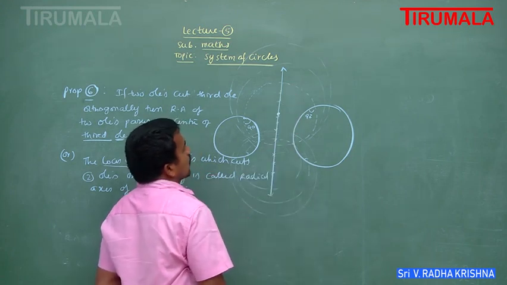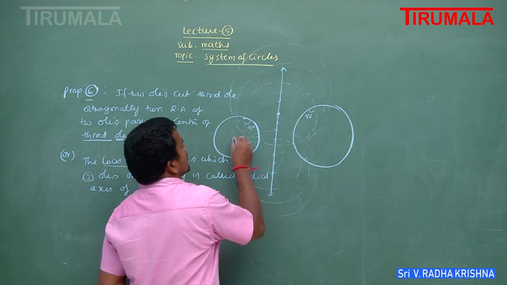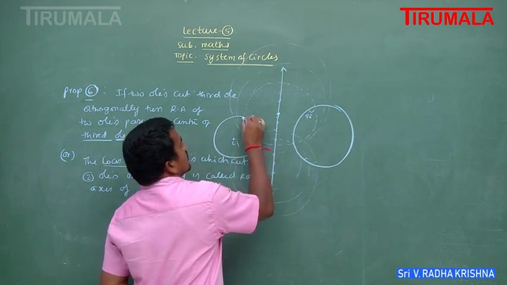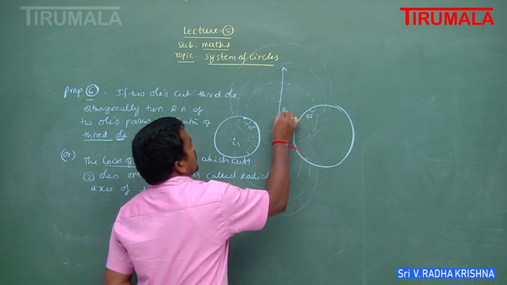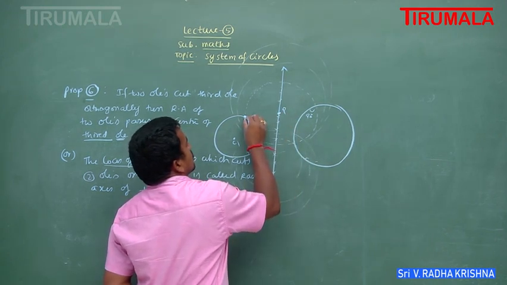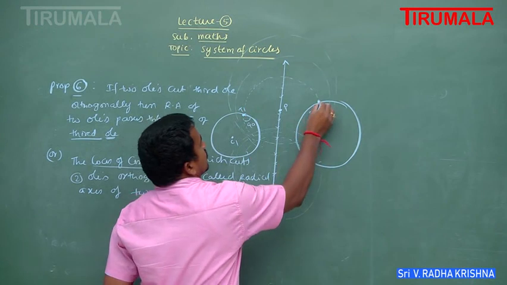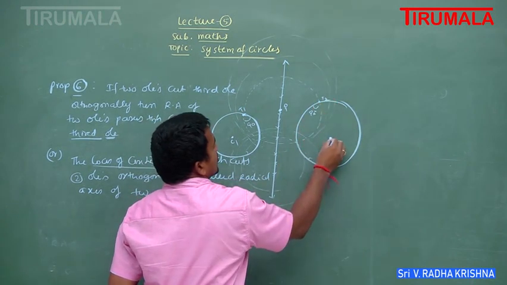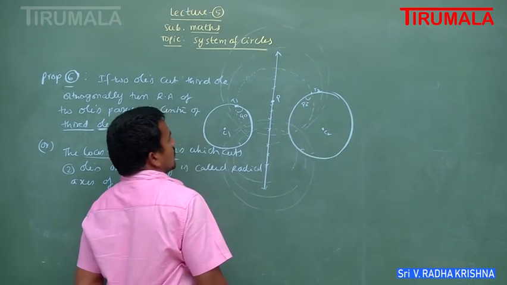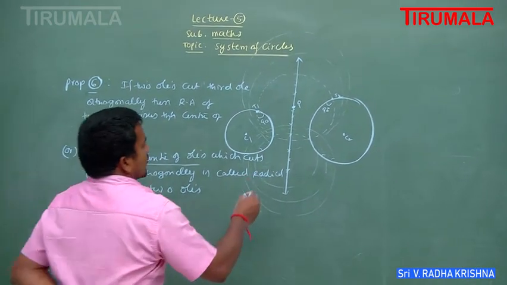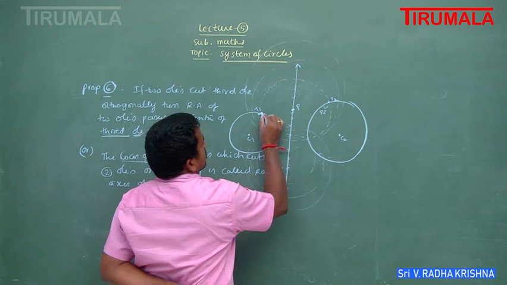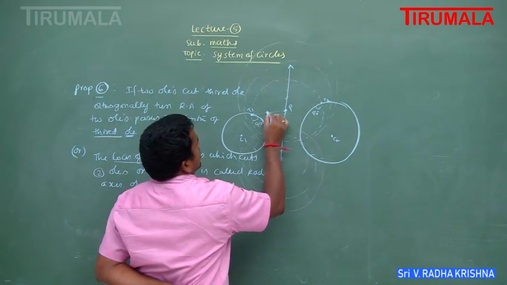So simply, how can we prove this? Suppose this is the center C1, P is a point on the radical axis, this is the point T1, this is the point T2, and this is the center C2. Now I check the first condition from the diagram. This is the radius.